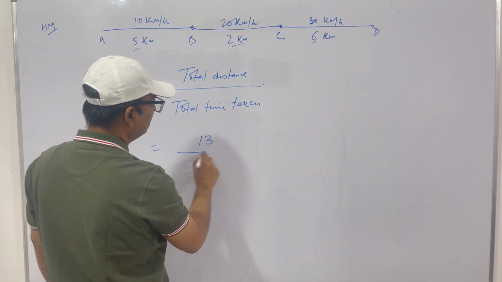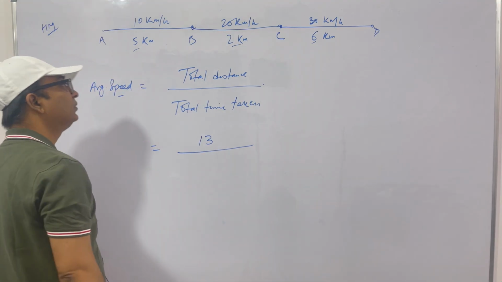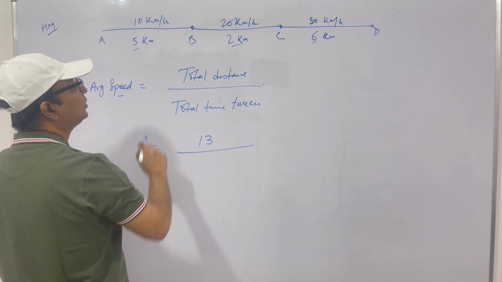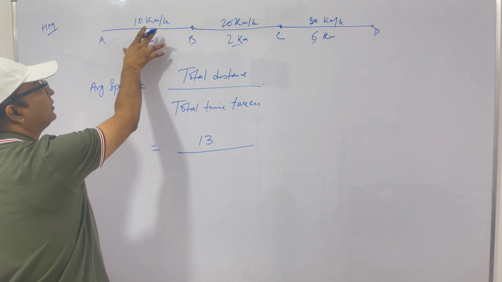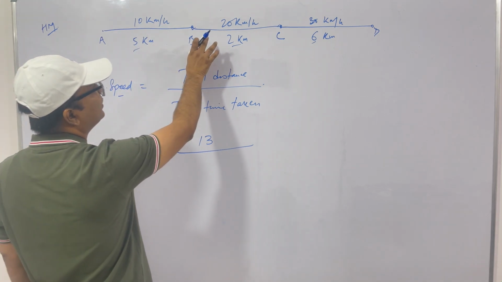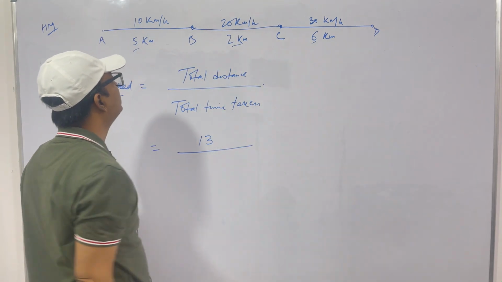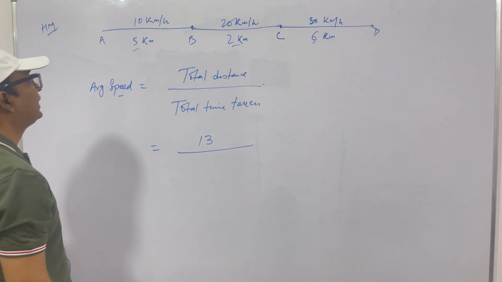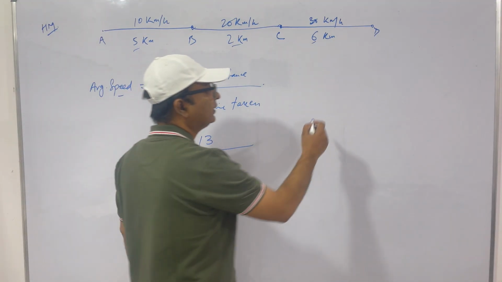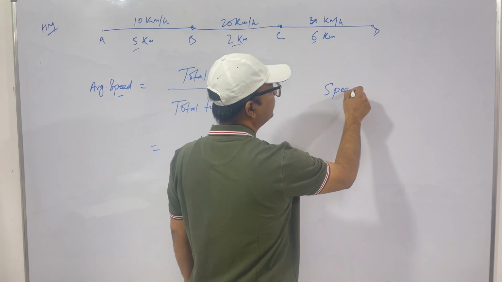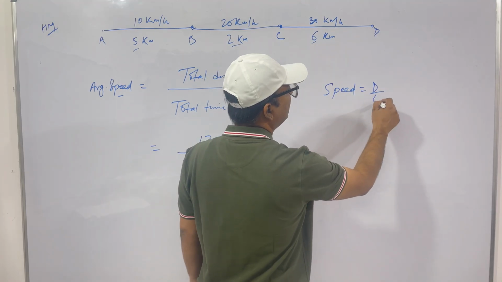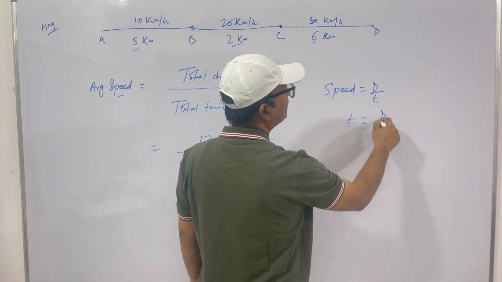And total time taken, how will we calculate the total time taken? Time taken to get from A to B, then time taken from B to C, and then from C to D. What is time taken? We know that speed is equal to distance by time. So time is equal to distance by speed.